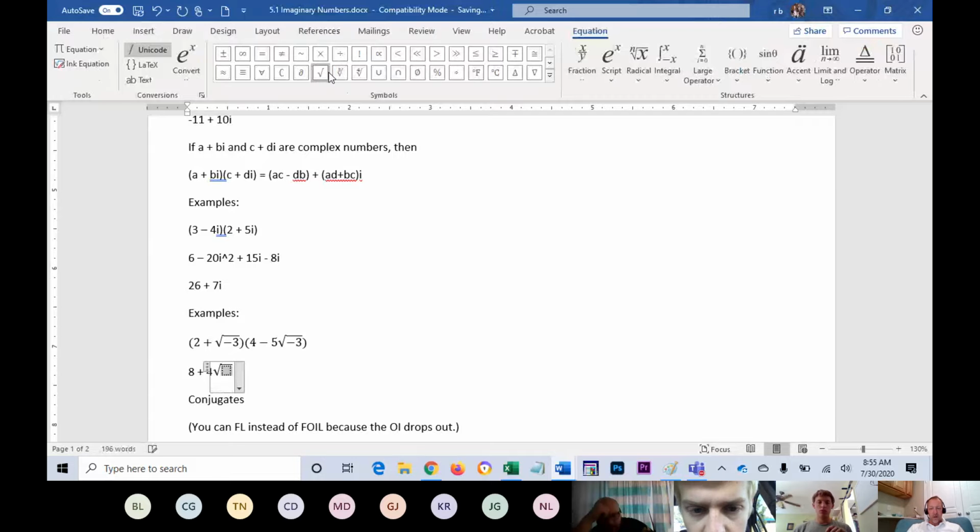Then minus 10 square roots of negative 3. And then negative square root of 3 times negative square root of 3 is negative 3. Right?